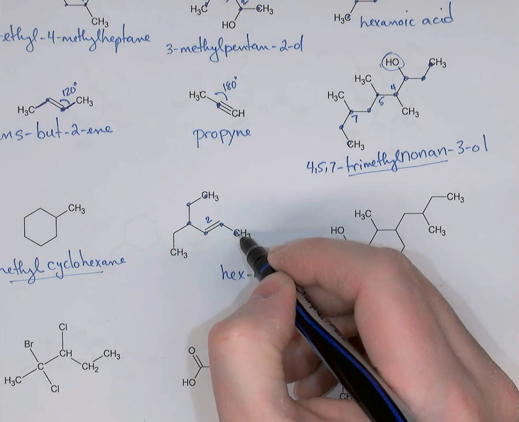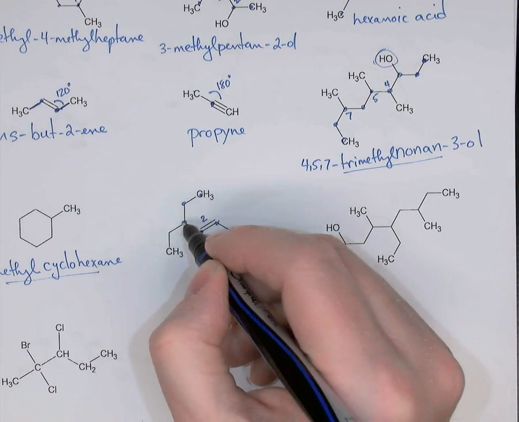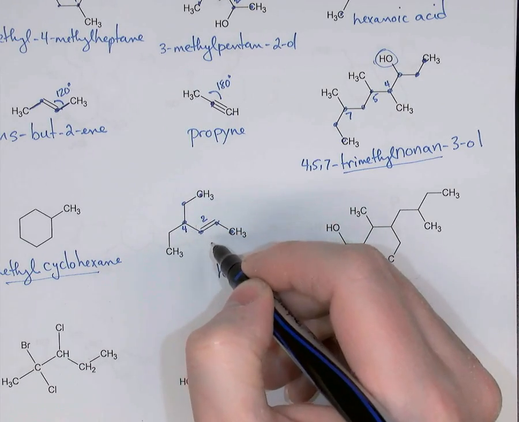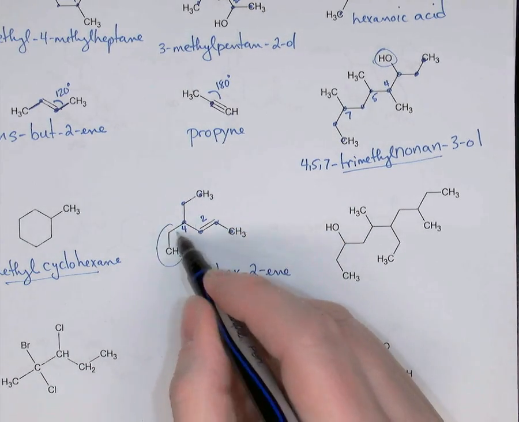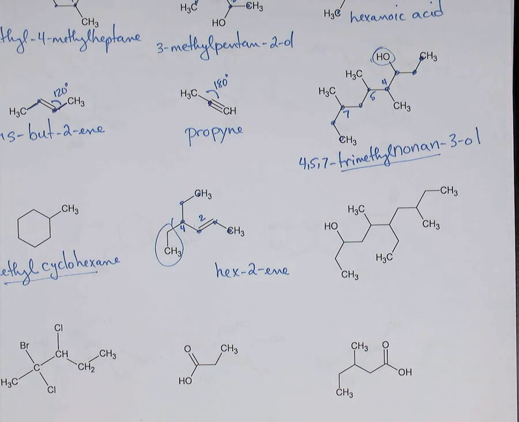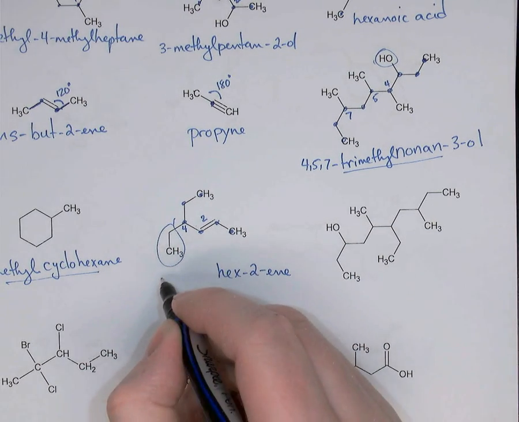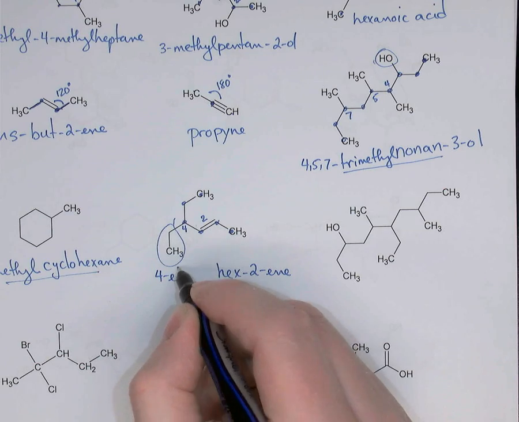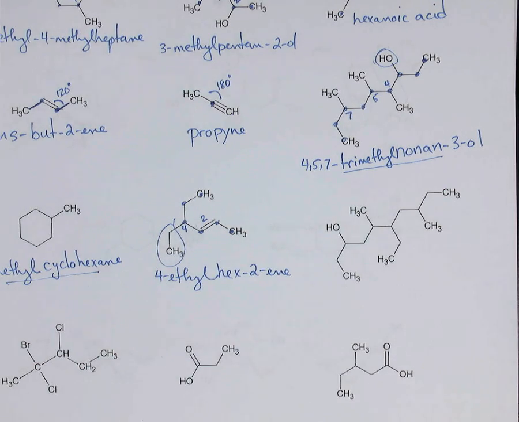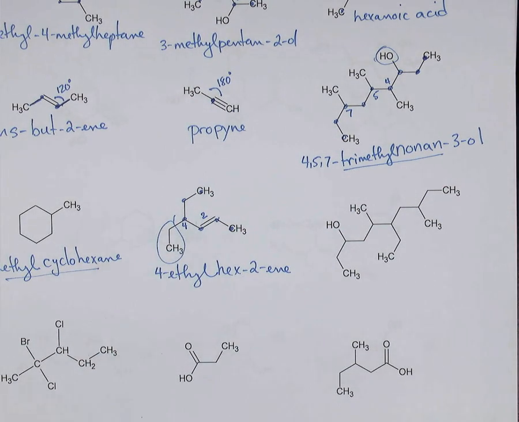And now numbering from that same end, carbons 1, 2, 3, 4, carbon number 4 has this 2-carbon branch, and a 2-carbon branch is ethyl. So we'd say 4-ethylhex-2-ene.